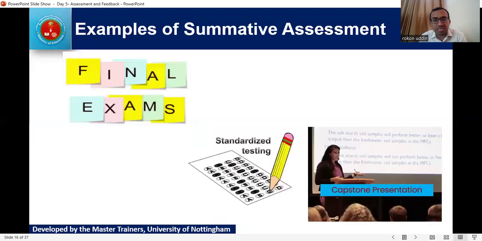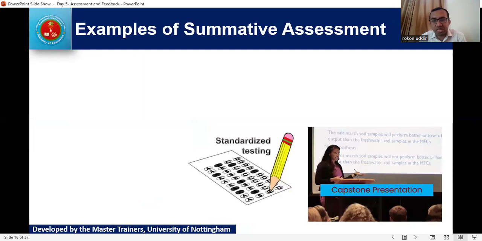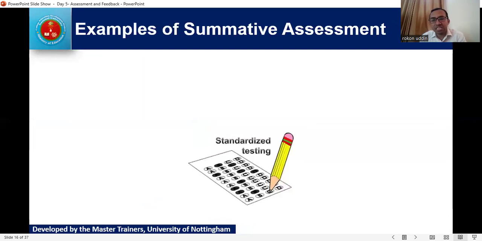But when it comes to summative assessment, we usually give a student a grade, a rating. What are the examples of summative assessment? Just look here. Standardized testing is a kind of summative assessment. Specific examples of standardized testing can be SSC exam, HSC exam, honors exam, master's exam.